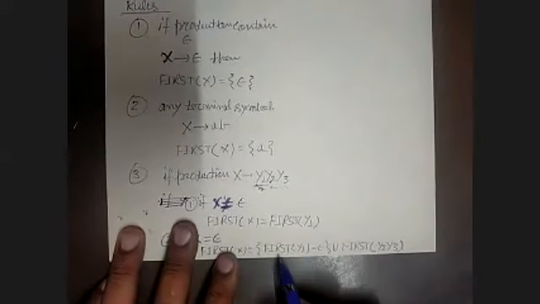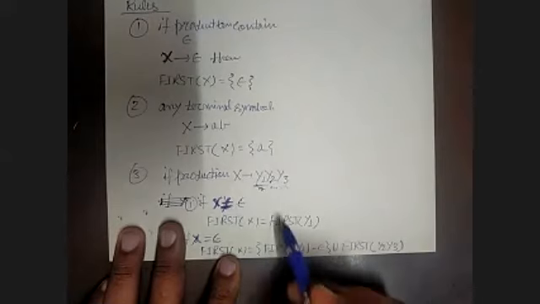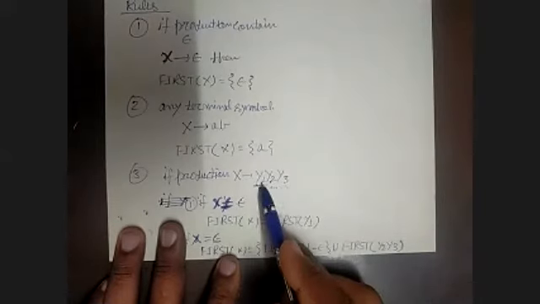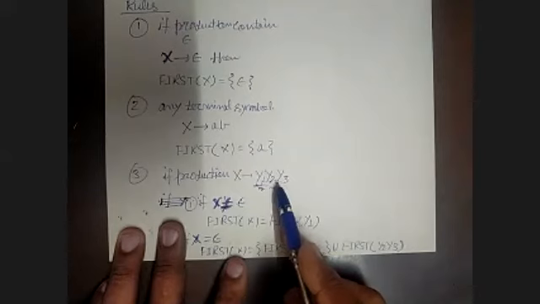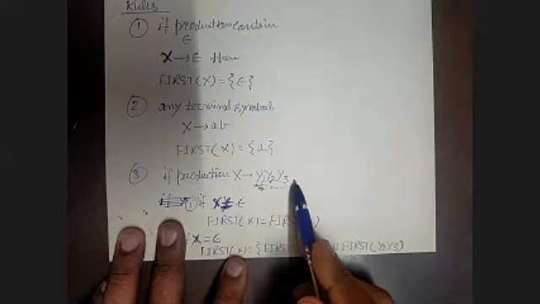So in this expression, suppose you find out the first of X and Y1 contains epsilon, it means we find out the first of Y2. If first of Y2 contains epsilon, then we need to find out first of Y3. If Y2 does not contain epsilon, there is no need to find out first of Y3, isn't it?